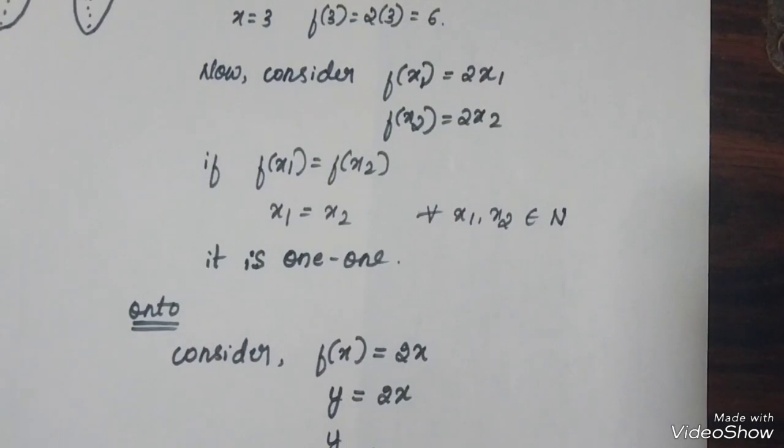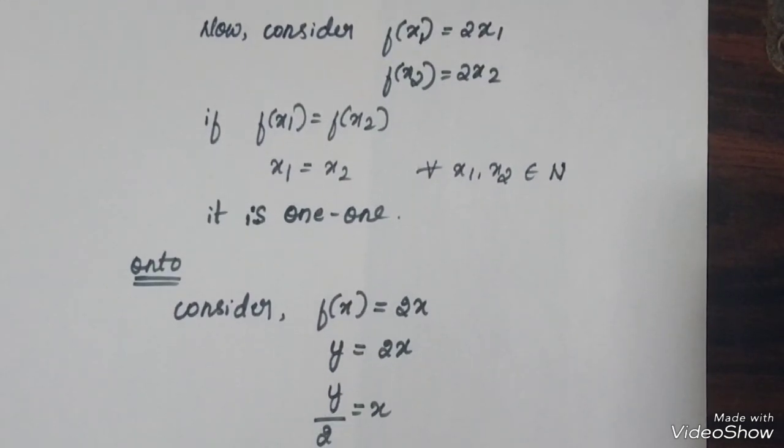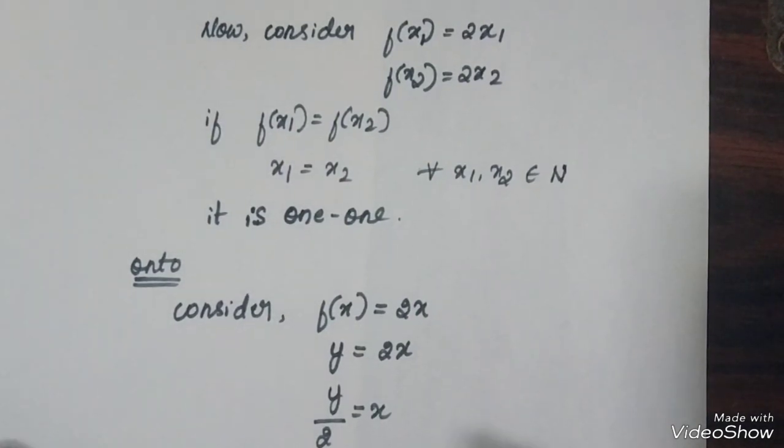Here the codomain values are substituted as x. The codomain also contains natural numbers, so substitute y as 1.